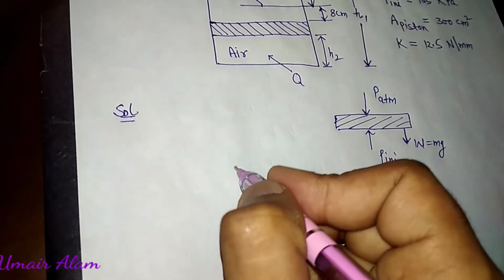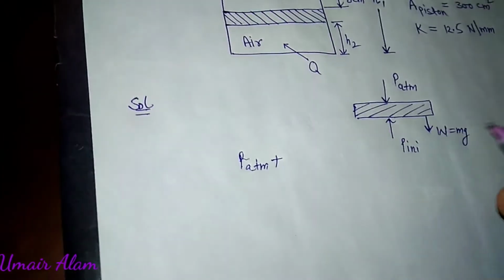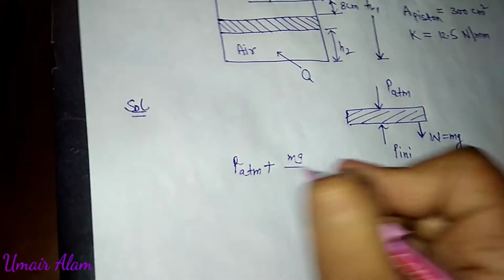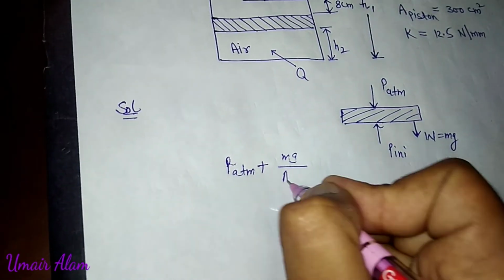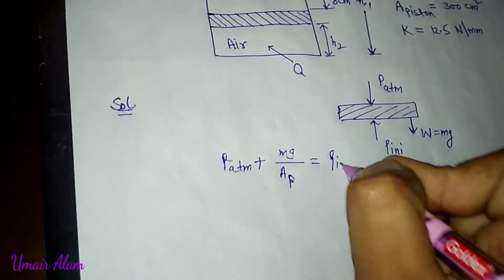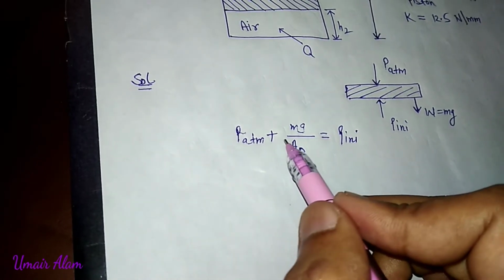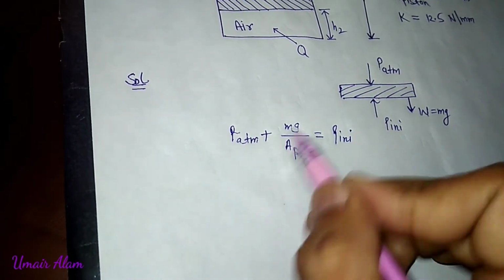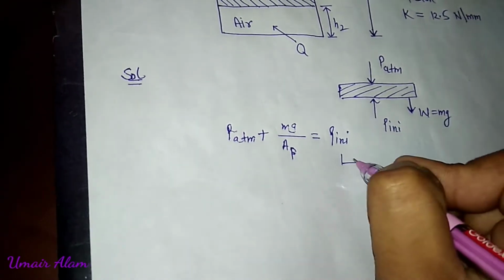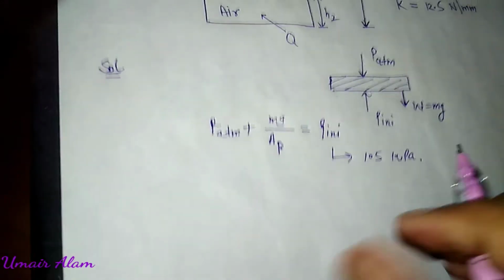So P atmospheric plus the pressure due to its weight, mg upon area AP, will be equal to P initial. So P initial will be equal to atmospheric pressure plus mg upon AP, and P initial is given as 105 kilopascal.